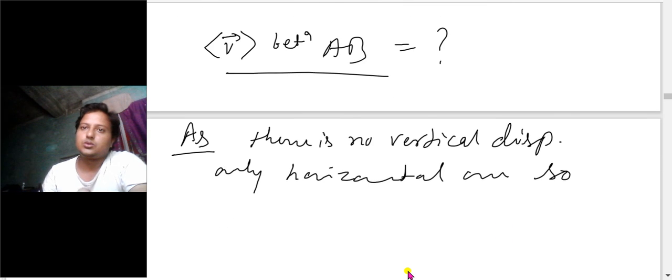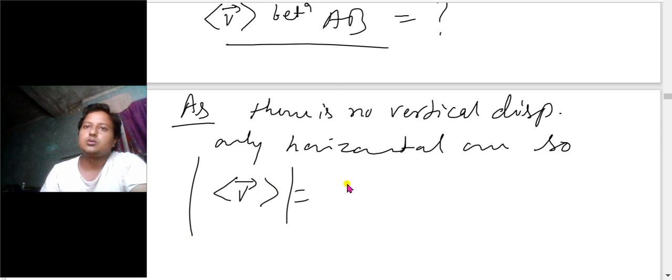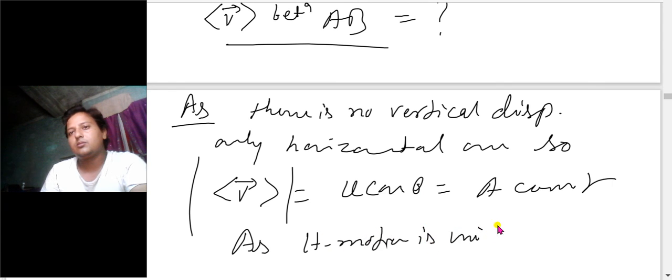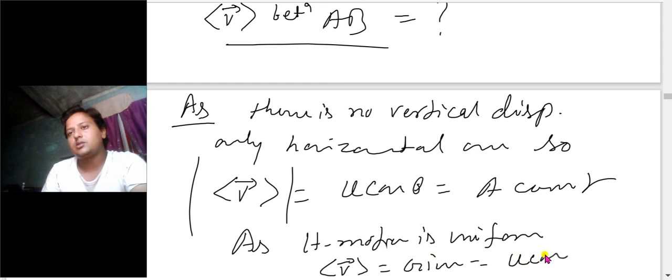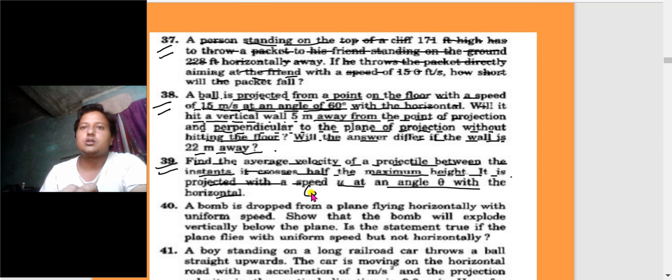So average velocity will be equal to u cos theta, that is constant, as horizontal motion is uniform. So the answer is u cos theta.